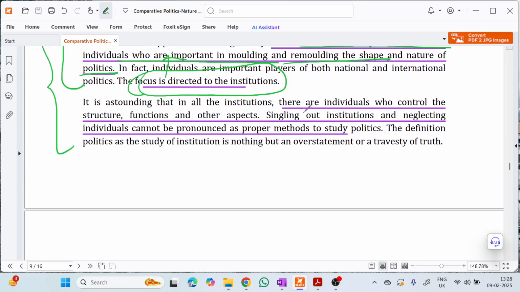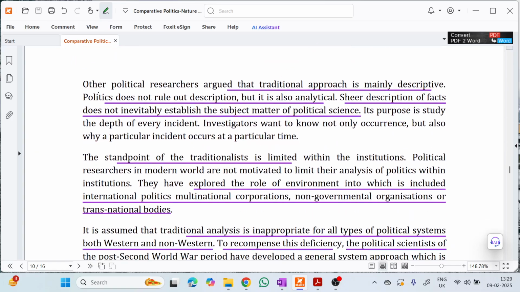And there are individuals who control the structure, functions, and various aspects of institutions that were the key highlight of traditional philosophies. Yet these traditional approaches have glaringly ignored the role of key actors that form all the institutions.